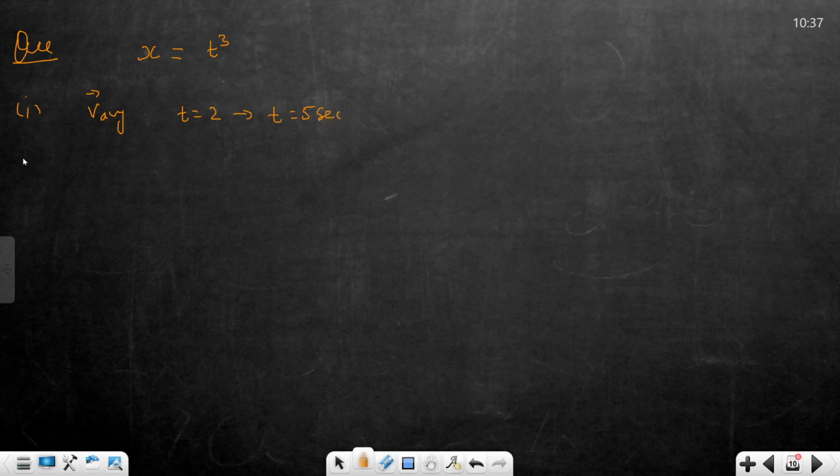Clear? Second, instantaneous velocity at t equals 4 seconds. Third, average acceleration from t equals 2 to t equals 6 seconds.